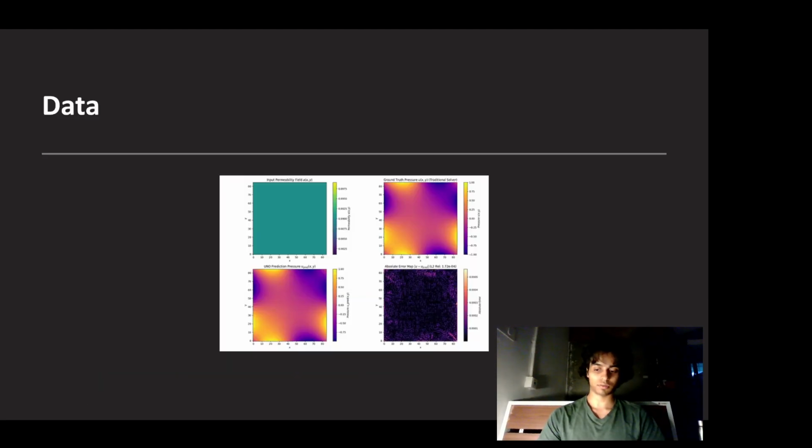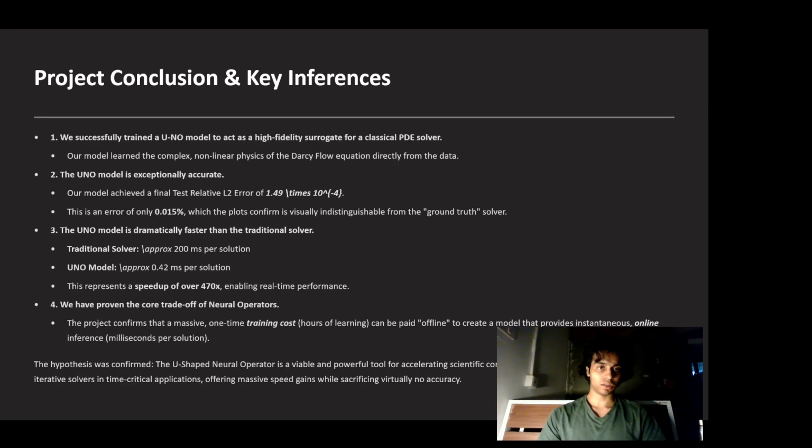So conclusions. We successfully trained the UNO model for the Darcy flow. The UNO model is exceptionally accurate. It was exceptionally faster, and the trade-off was extremely slight in terms of how much we are actually losing out on accuracy.